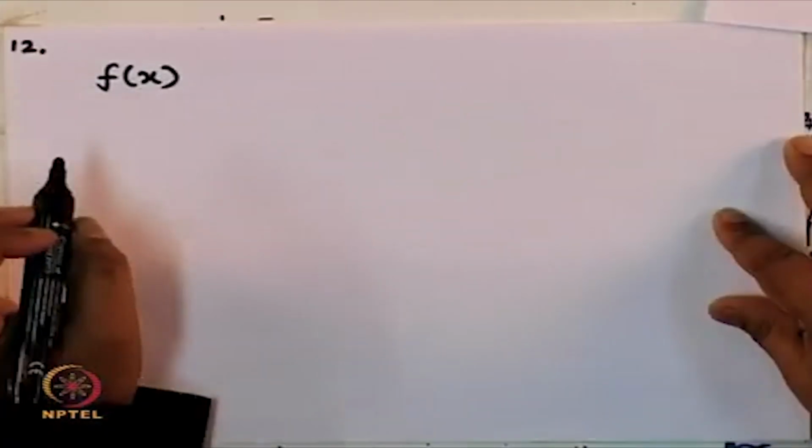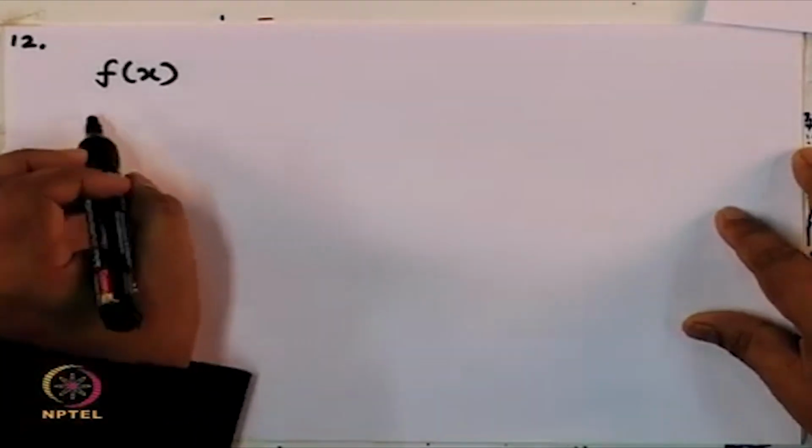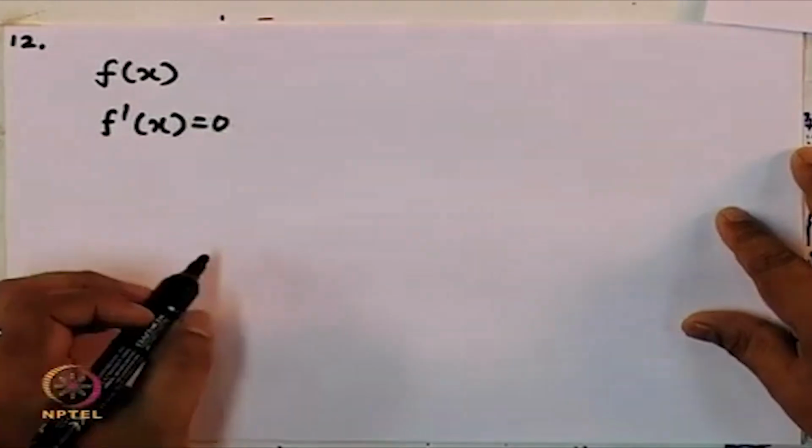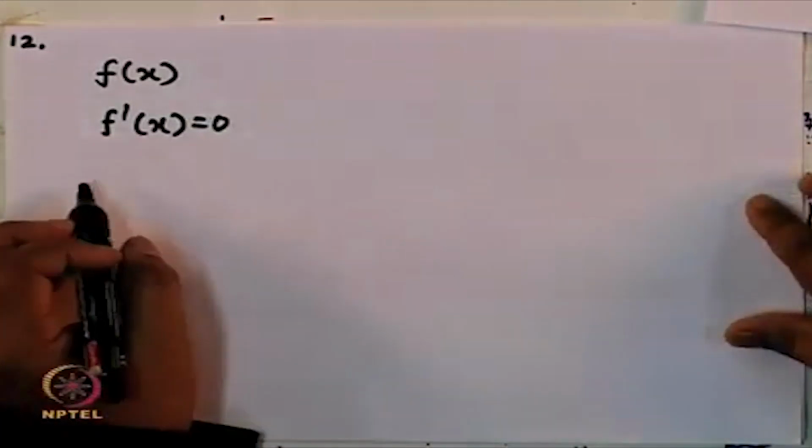So, if you recollect, in class 12 standard calculus, what you did was, if you had a function f of x, in order to minimize it, you set f prime of x equal to 0. Okay. So, let us take a sample example.